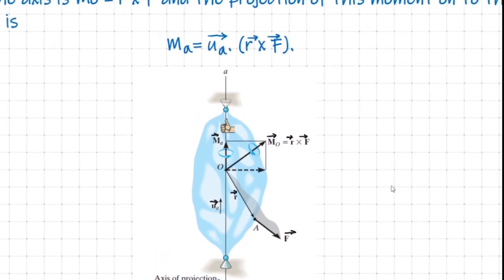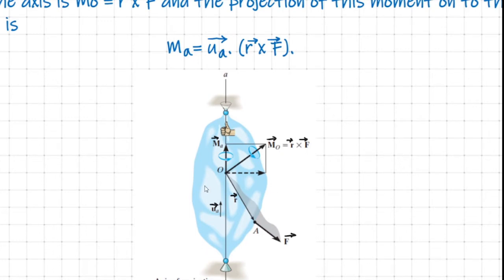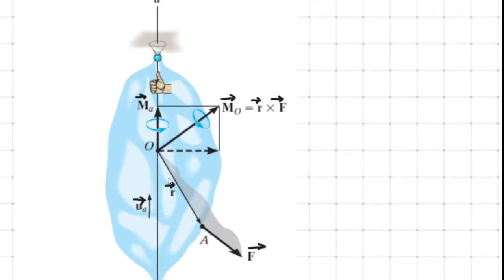The procedure is very simple. First, select any point on this axis. You can choose any point on this axis A. For example, here I have chosen the point O, and then obtain the moment of this applied force vector F about the point O on the axis A. Obviously, we know that this vector MO is nothing but R cross F. And here in the gray color, I have indicated the plane containing F and R to enable me to mark the vectorial representation of vector MO.